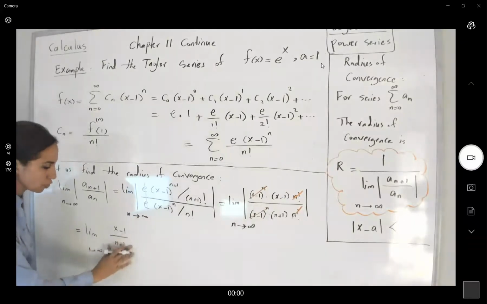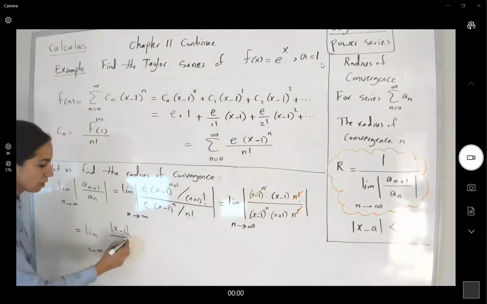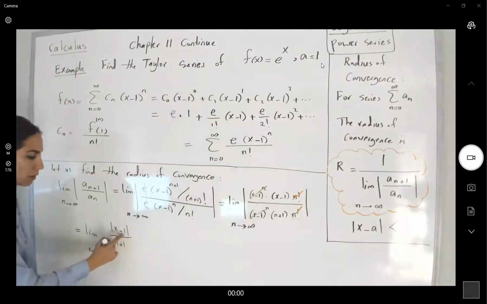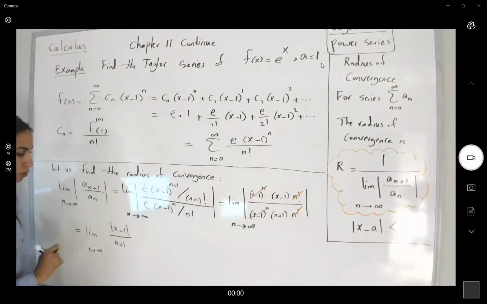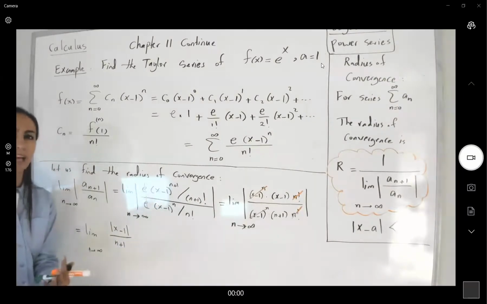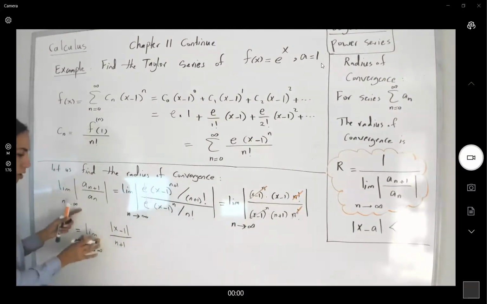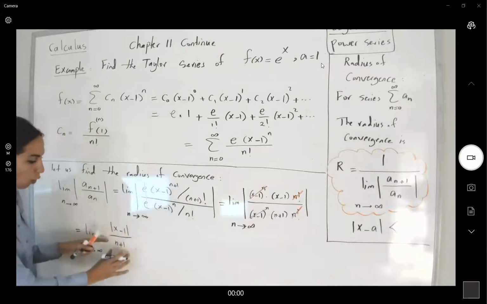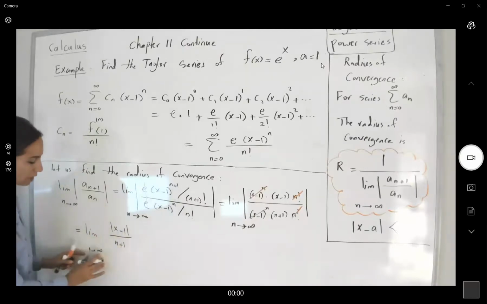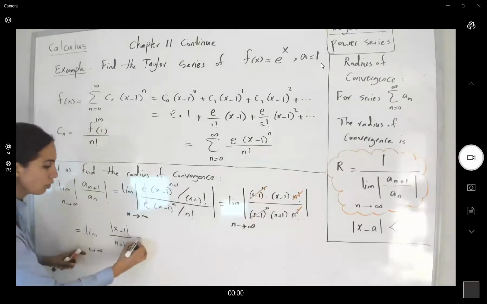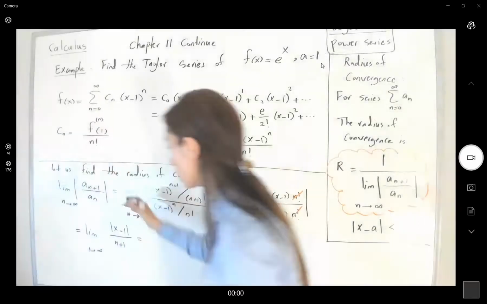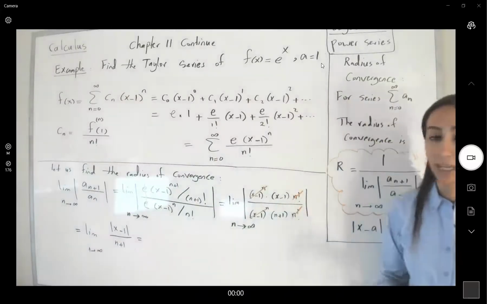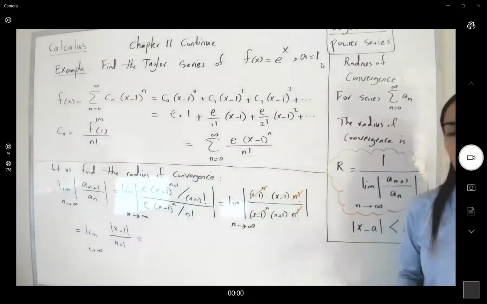So you're going to just take this absolute value and put x minus 1 inside the absolute value. So what do we have? We have the limit of some values over n plus 1 as n goes to infinity. 1 over n plus 1 as n goes to infinity is 0.